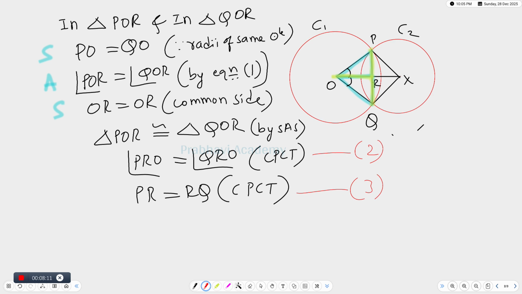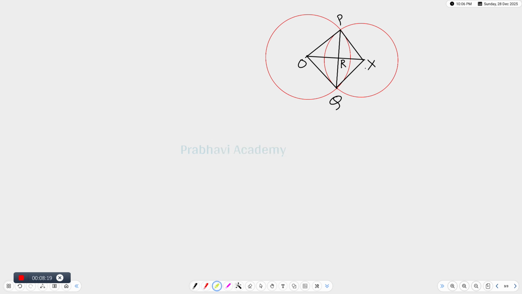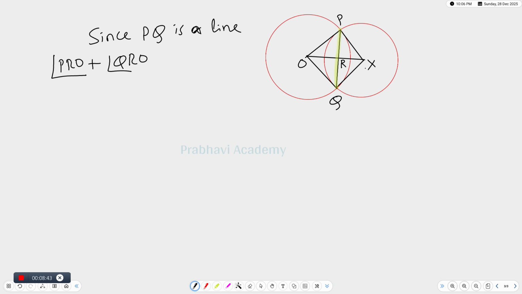Here you can see that PQ is a line. So you can write here, since PQ is a line, you can say that PRO plus QRO is equal to 180 degree, because it's a line.